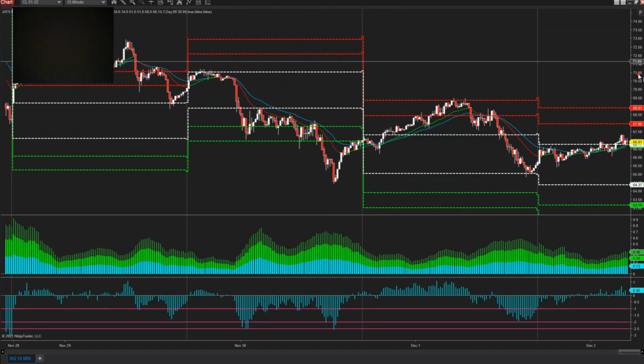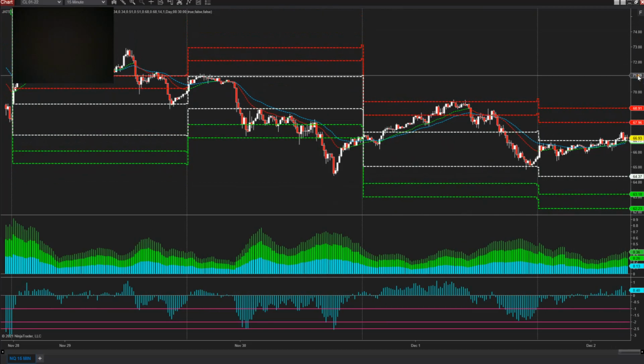Now, what I've done with my zero to infinity postings, algos will often look to the middle of the range to launch a trade from.